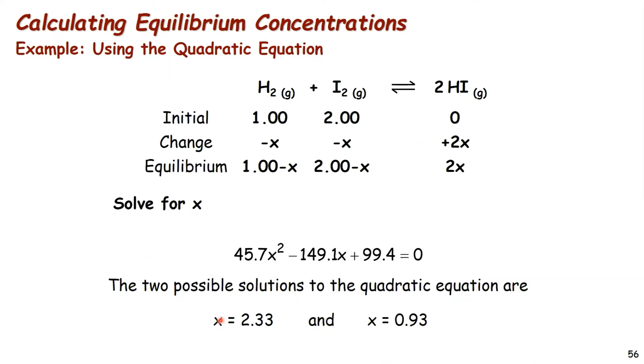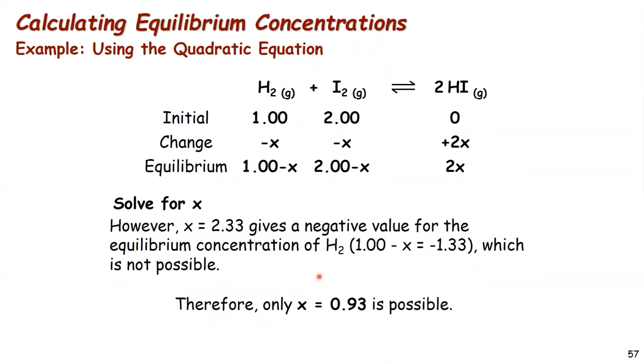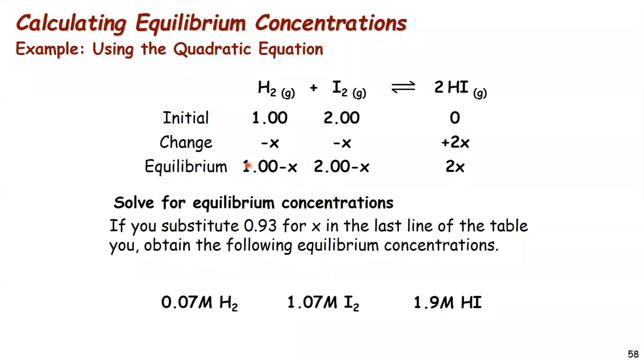That means this value of X is no good. So only the 0.93 is going to work. So again, 1 minus 0.93 is going to be 0.07. So that is good. So now we got 1 minus 0.93, which is 0.07, 2 minus 0.93, which is 1.07, and 2 times 0.93 is 1.9 molar.